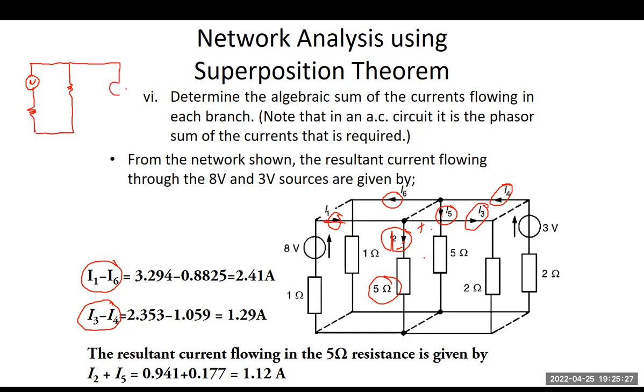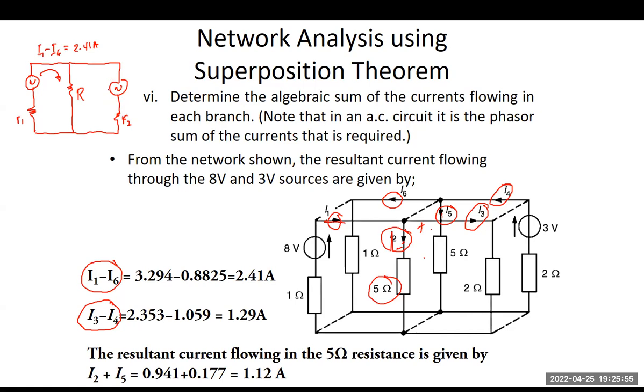So this is R1, and this is R2, and this is our big R. The current flowing here would be equal to I1 minus I6, which is equal to 2.41 amperes.